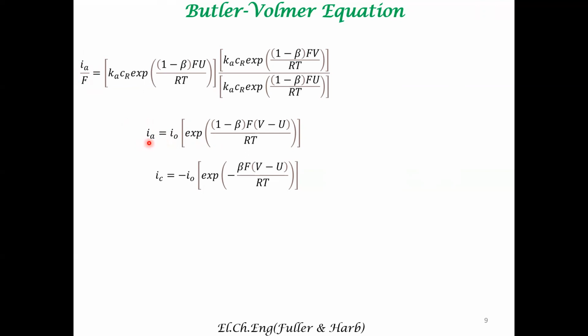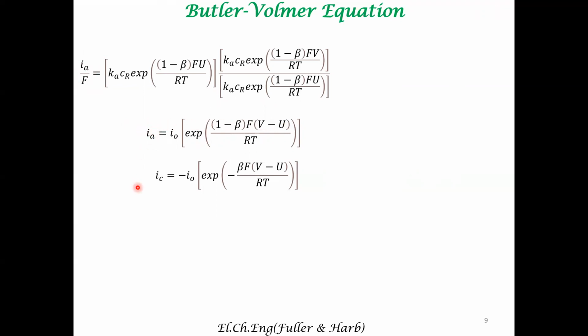Anodic current density at a potential V depends upon a constant factor, I naught, the exchange current density, multiplied by this expression. Here, what are we changing? We are changing V, and in response to V, we are getting anodic currents.